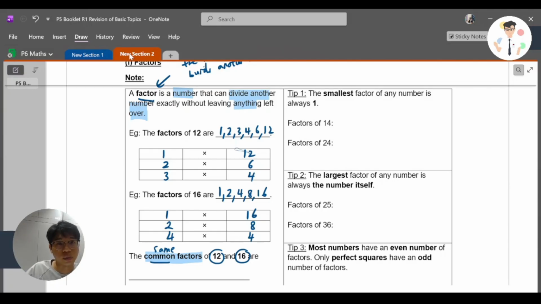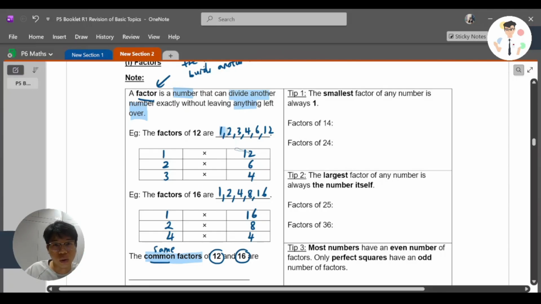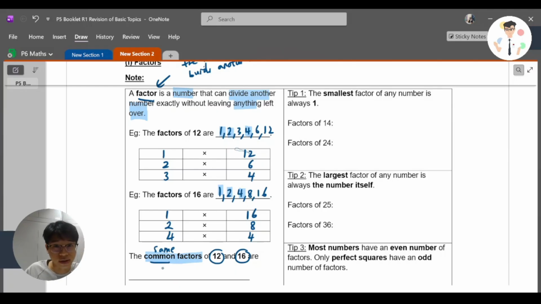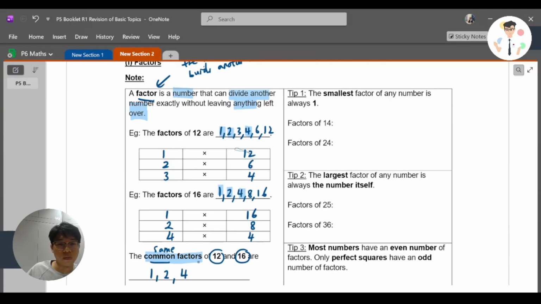We already listed them here. 1, yes; 2, yes; 3, no; 4, yes; 6, 8, 12, 16, no. So the common factors of 12 and 16 are 1, 2, 4.